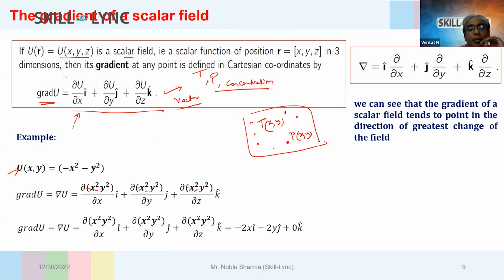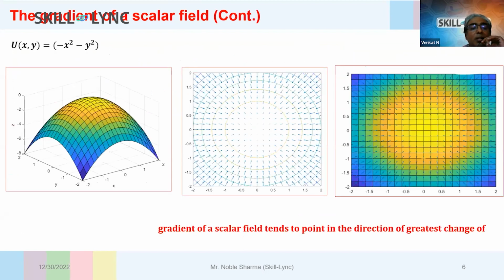When you do that, you get minus 2x i minus 2y j plus 0 k. What does 0 k mean? That there is no gradient in the z direction. That is, the function doesn't change in the z direction.